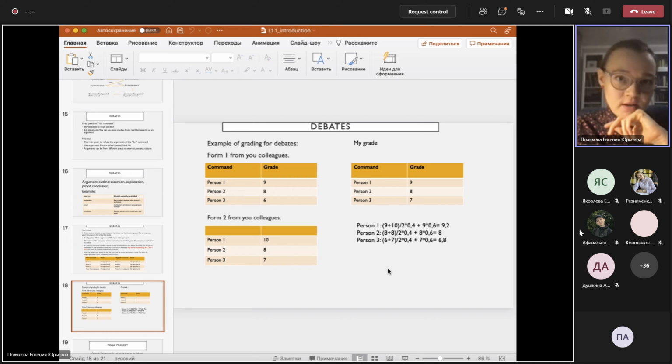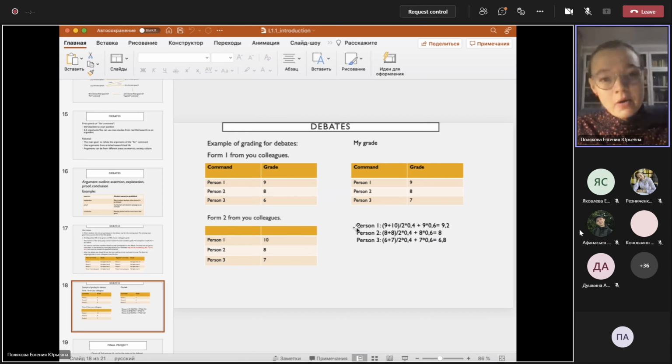For you to understand how it looks, for instance, your colleagues send me your forms. We have, for example, 3 group members in the team, and your colleagues decide in this way, I decided in that way. Basically it's just a mean: 40% from your colleagues and my decision is 60%.